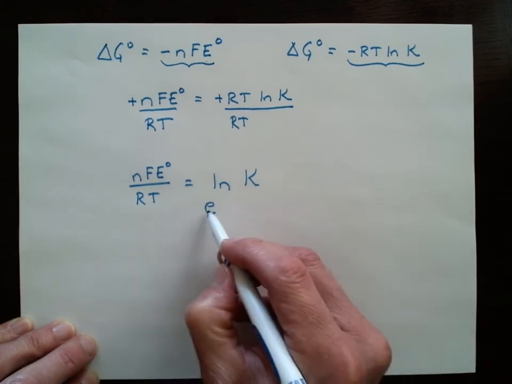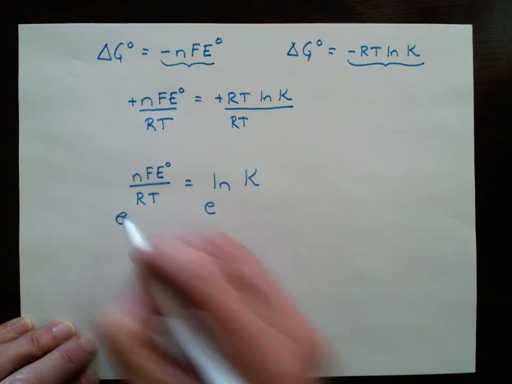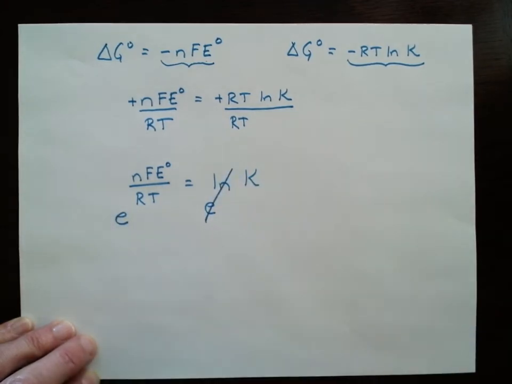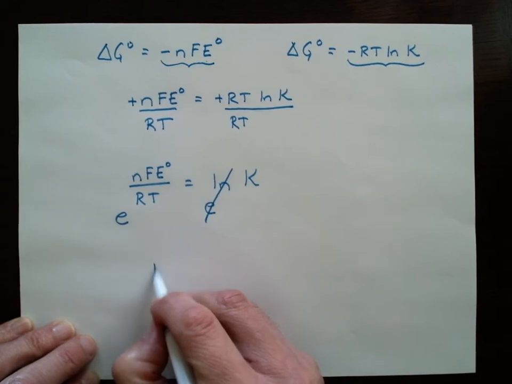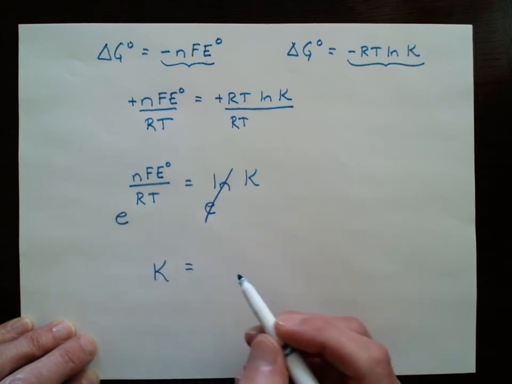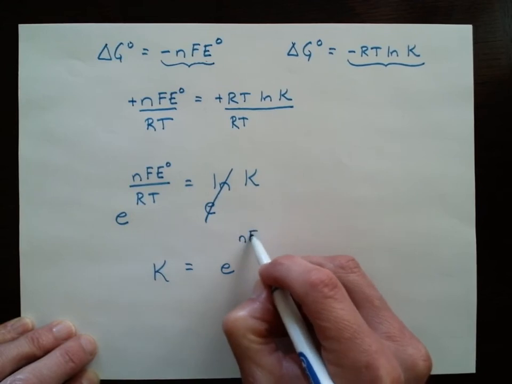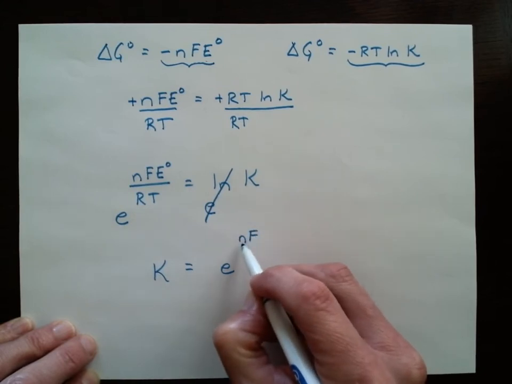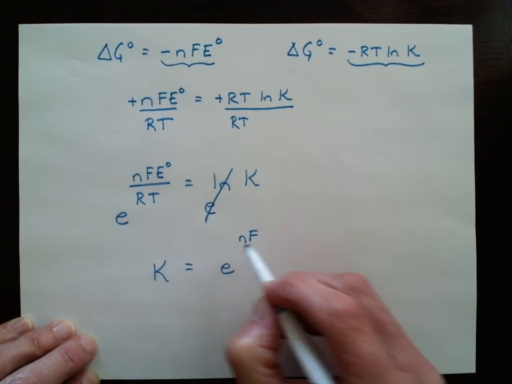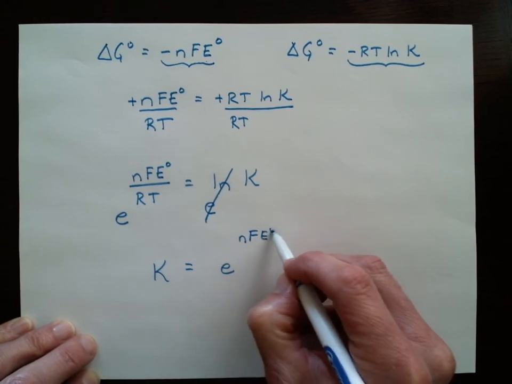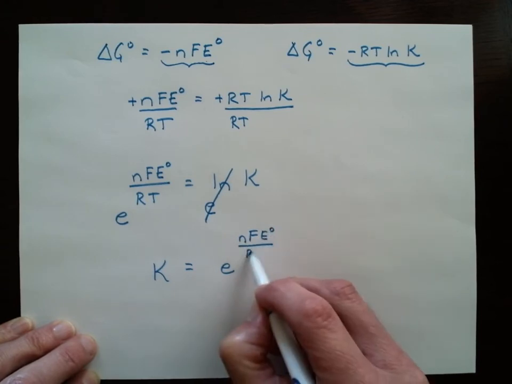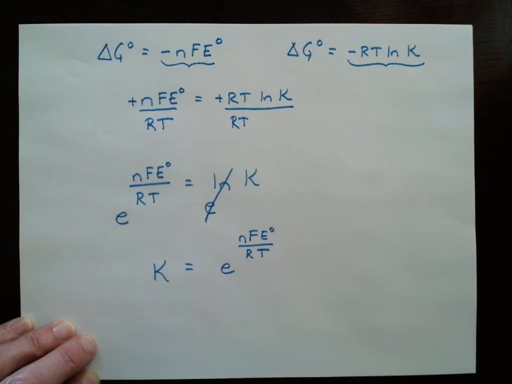So by taking e to the power of this side and e to the power of this side, I can cancel those functions, and I have an expression for finding the equilibrium constant if I am given the number of electrons transferred in an electrochemical reaction, Faraday's constant, the cell potential, of course the physics gas constant, and the Kelvin temperature.